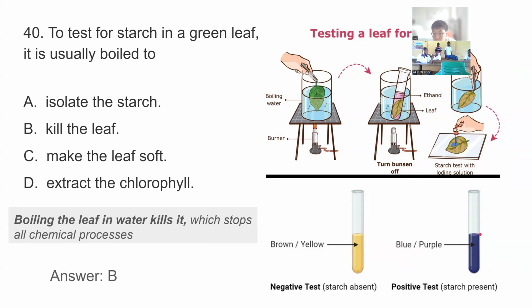And if it is blue, then it is positive, the starch is present. This is also called the glucose test, because it tests if there is sugar present in the plant.